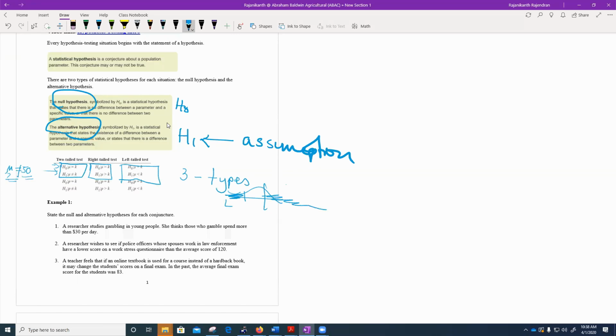So first you have to fix your H1, whether it is not equal, bigger than, or less than. According to that, we are going to perform our test, right? So all three scenarios are checking your mean values, right?